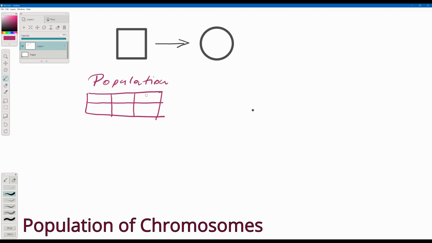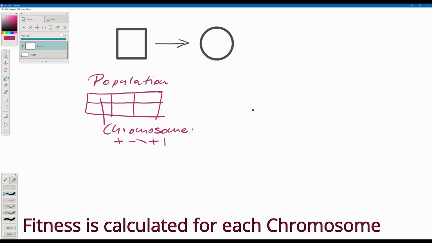And each entry here is a chromosome that consists of different genes. Chromosome. And each of them is a bunch of different genes that may be expressed with different values, like so. And they get randomly generated. And then we want to check how well they are doing.